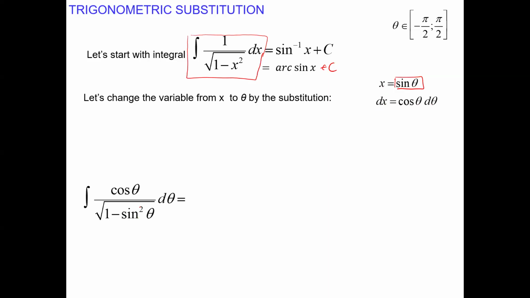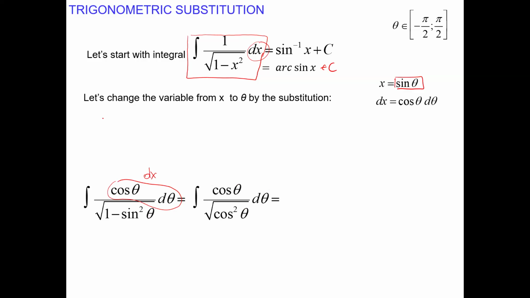Let's substitute. 1 minus x squared becomes 1 minus sine squared theta, and dx is cosine theta d theta. I replaced dx with cosine theta d theta, and now we have this integral. It still looks maybe complicated, but we may notice that in the denominator, the quantity 1 minus sine squared theta can be compressed to cosine squared theta.